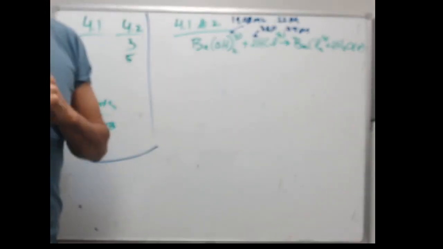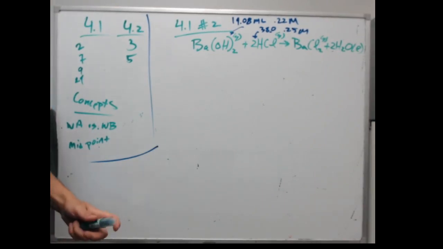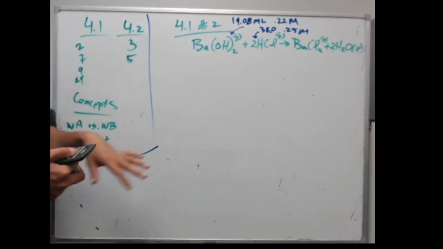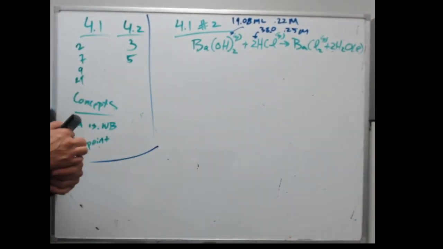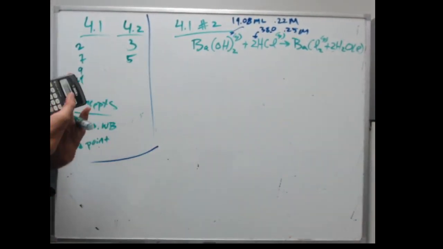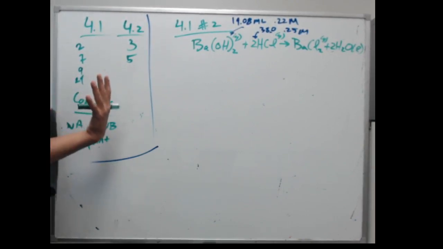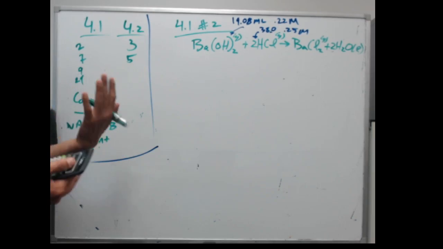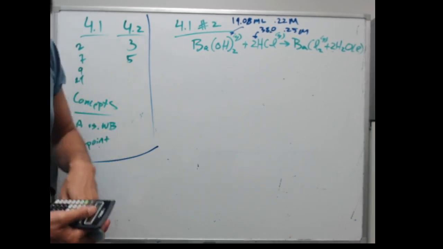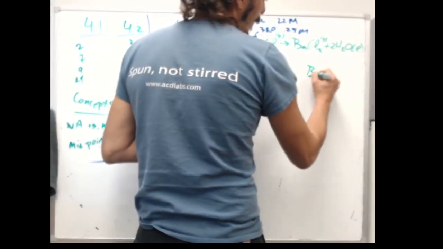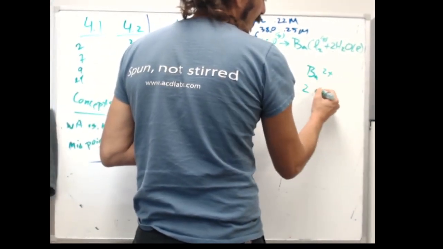Right. So we go through our kind of consideration of what's in the beaker, what reaction can happen, what equilibrium can occur. In the beaker, barium hydroxide and hydrochloric acid, the reaction that can happen is a strong acid, strong base reaction. Equilibrium after that, strong acids, strong bases, we're not going to see any significant equilibrium. Right? If we look at barium chloride, this would be Ba2 plus and 2Cl minus.